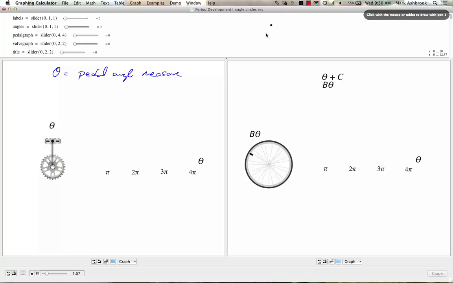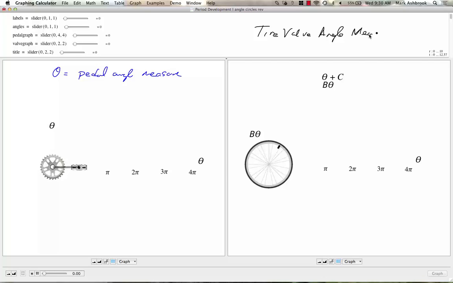All right, so write the expression for the tire valve angle measure. Can you see that it's always pi over 3 ahead? That angle is pi over 3 ahead of our input angle theta. And so how would you write an expression for the tire valve angle measure? Theta plus pi over 3. Is that right? Yeah.